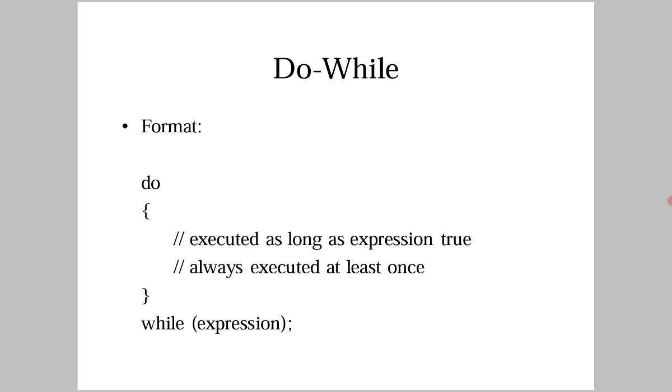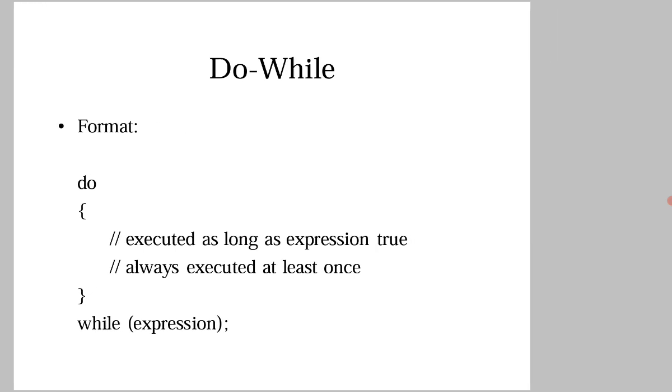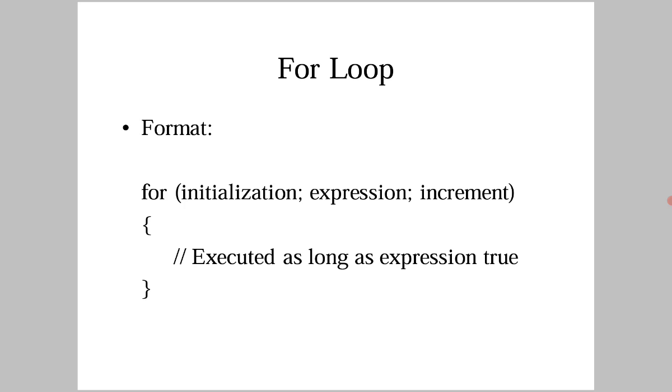Whereas in the do while loop, the condition will be tested after the statements. So this is the main difference between the while loop and do while loop.